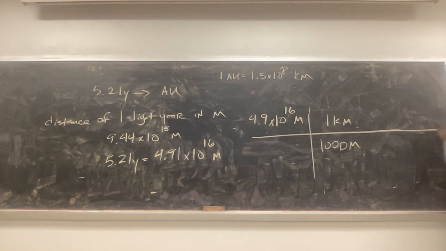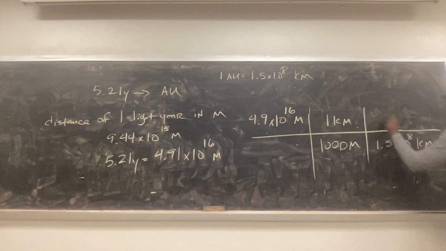Well, we can keep going, but we don't need to, right? We're trying to get to AUs. I don't know. What's after that? Look at the conversion factor at the top: 1.5 times 10 to the 8, and then 1 AU at the top.